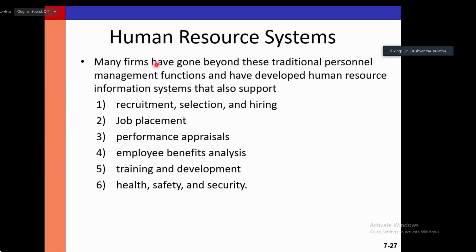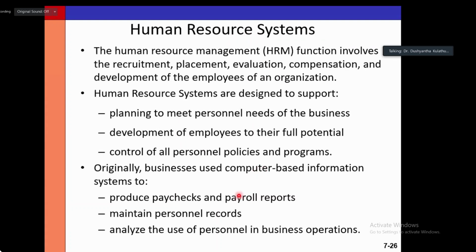Many firms have gone beyond these traditional personnel management functions and have developed human resource information systems that also support recruitment, selection and hiring, job placement, performance appraisals, employee benefits analysis, training and development, health, safety and security. So there are different other areas which are addressed by today's human resource management systems compared to the traditional conventional human resource management system.